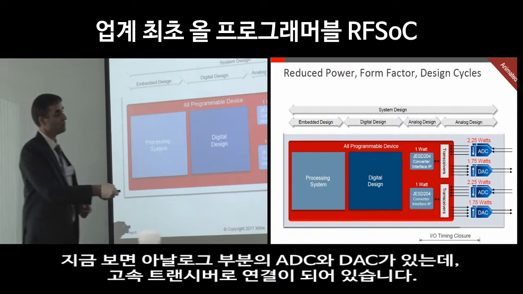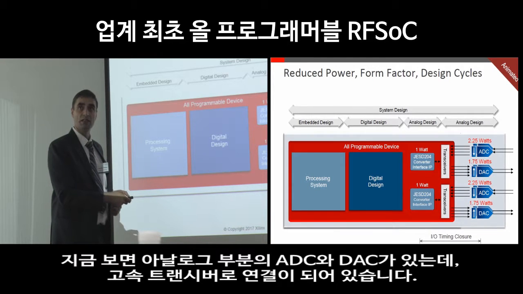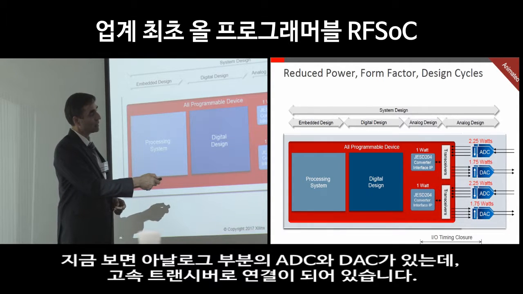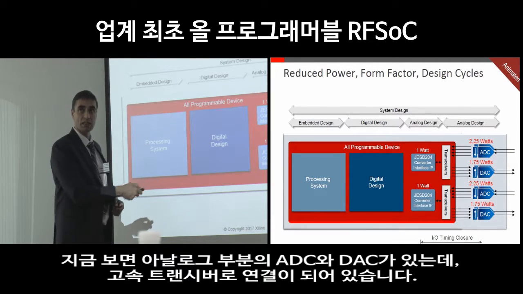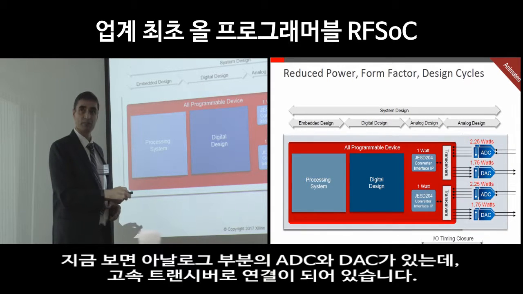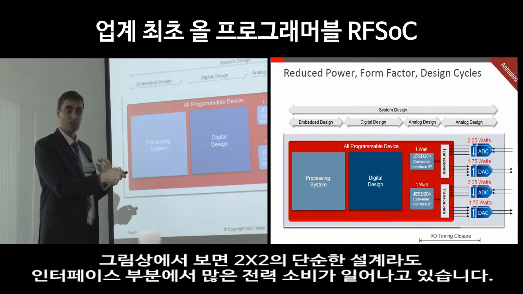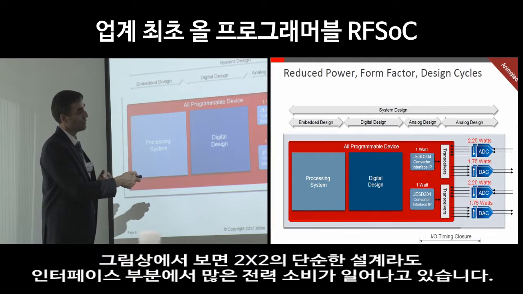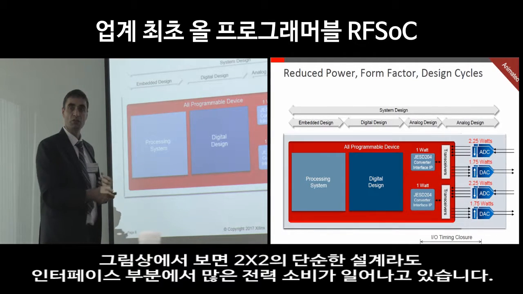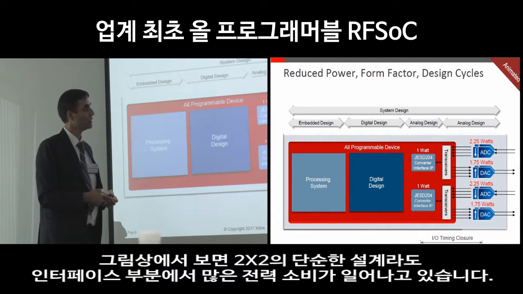In this diagram, if you see the analog components, which are A to D converters and D to A converters, they are connected to the digital portion using high-speed transceivers or high-speed I/O links. We are showing just two transmit paths and two receive paths, which will correspond to a simple 2x2 radio equipment.